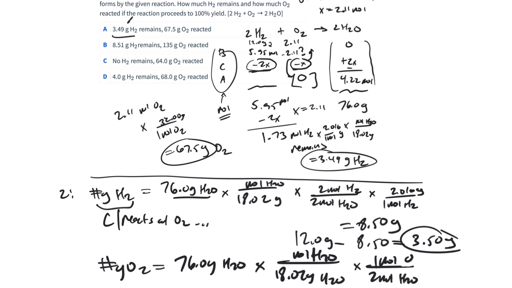So 1 mole of O2 from our balanced reaction. So that's the coefficient in front of O2 versus the coefficient in front of H2. And then 1 mole of O2 is 32.00 grams. So 76 divided by 18.02 divided by 2 times 32.00 is 67.5 grams.